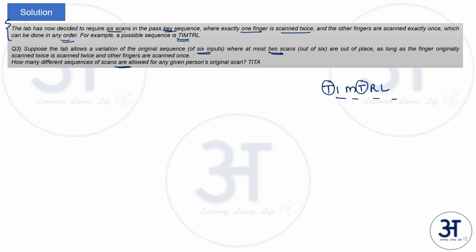This is similar to the first question which we have seen. Say if there is A, B, C, D, E, A, it is possible for 2 of them at max to be out of place. So at max 2 means either 0 can be out of place, which is the original sequence, right? So you have to count the original sequence here also.